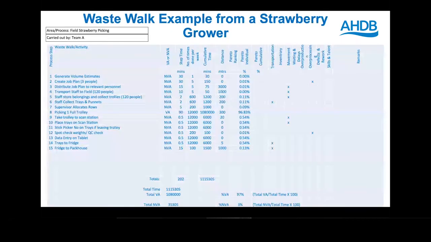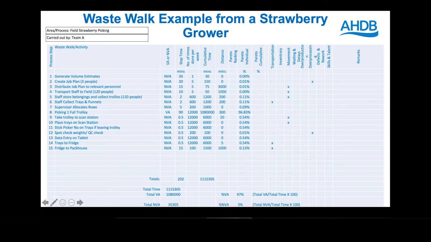Just going to give you a few examples of this. On this one here, this is a strawberry grower. What you've got are breakdowns of all the steps involved in going out and picking the fruit.